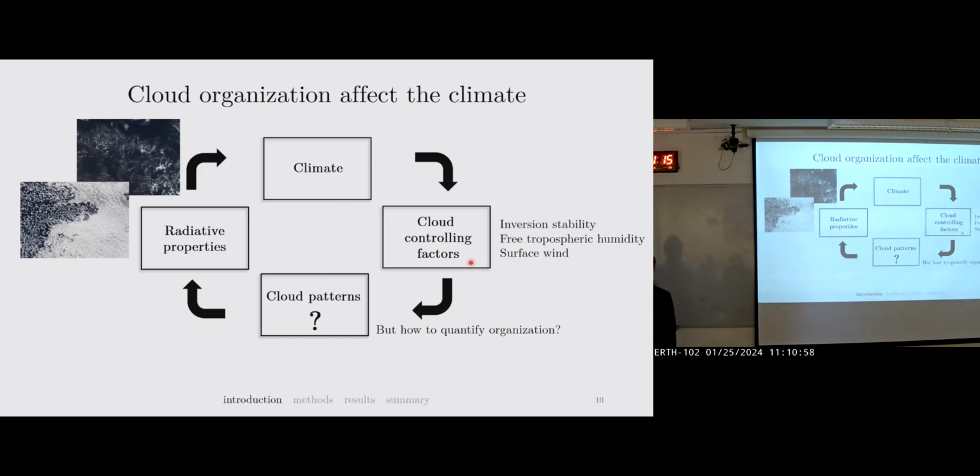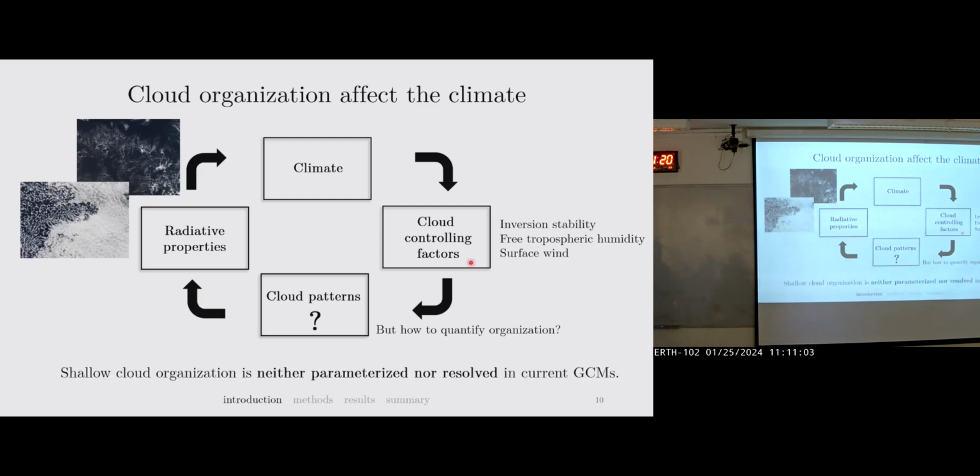But we don't agree on one specific metric that everybody is working with. And the second one is that cloud organization, and specifically shallow cloud organization, is not only not resolved in GCMs because of factors like resolution, it's not even being parameterized.